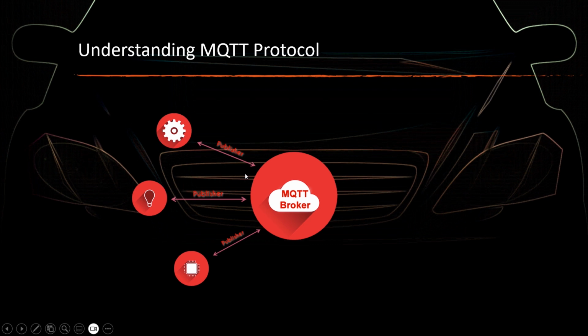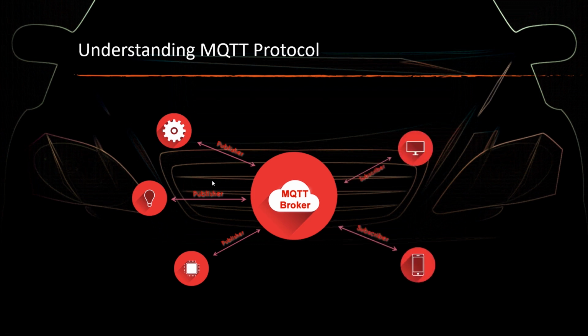Any microcontroller or any IoT device which can send data to the server can become a publisher. So these are the publishers which are sending data to this server. On the other hand, these are the subscribers. Subscribers receive data from the server. So a publisher sends data and a subscriber receives data.